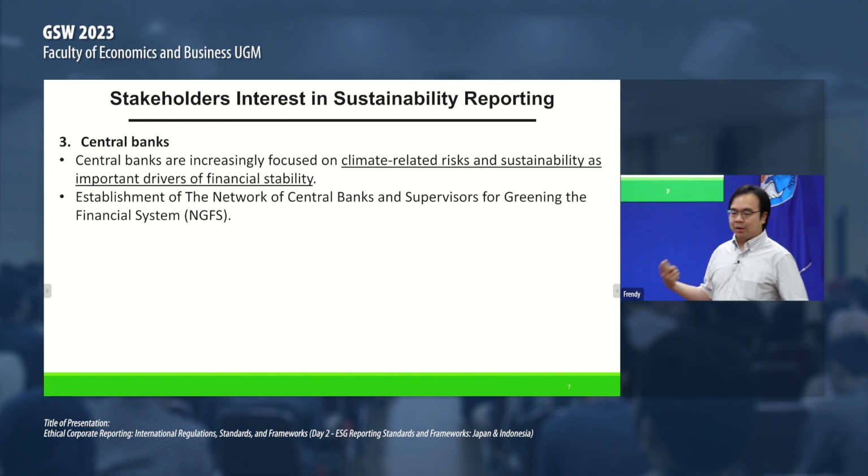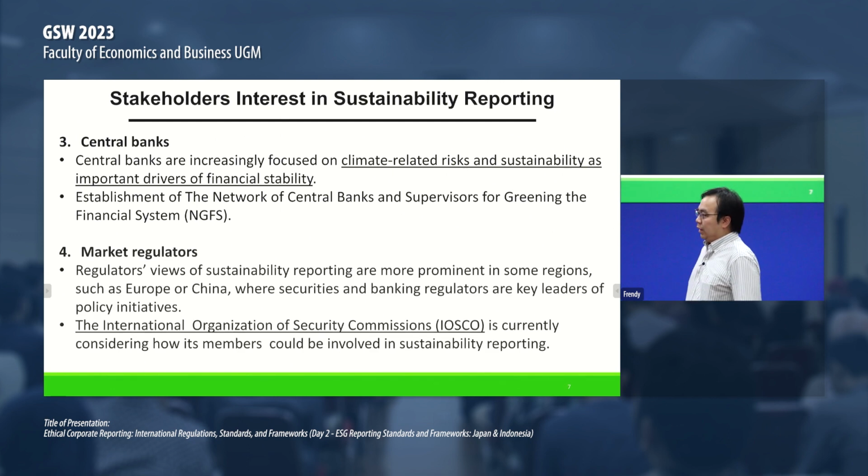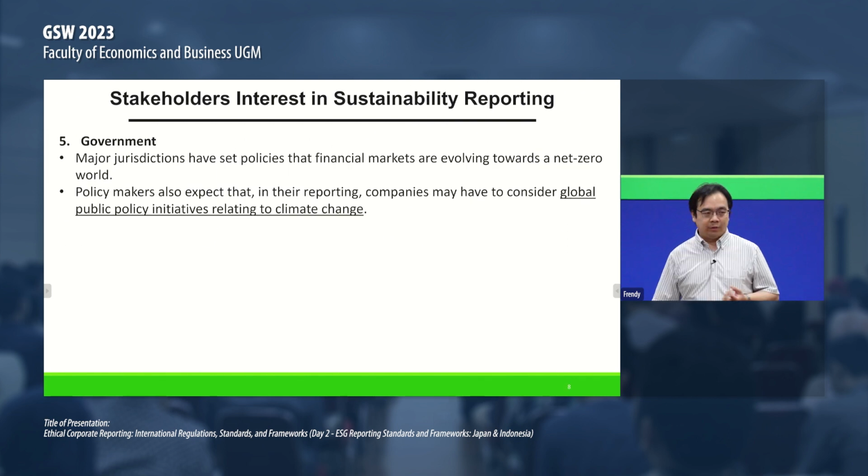Therefore, central banks are very much involved in this issue as well. Market regulators, of course. Okay, SEC, for example, in US, now they try to expand and consider the standards related to sustainability reporting, not just on the financials.